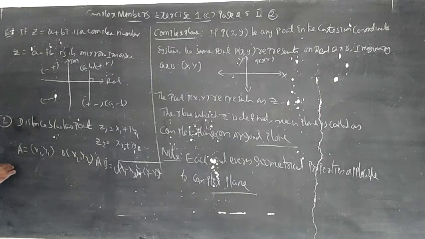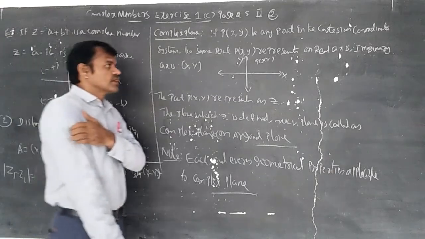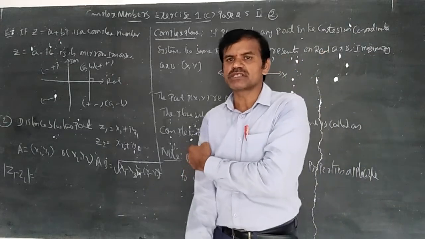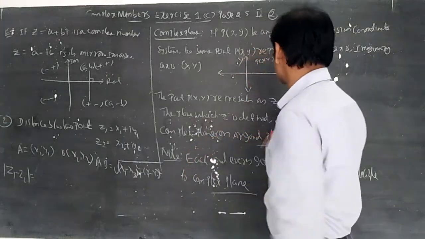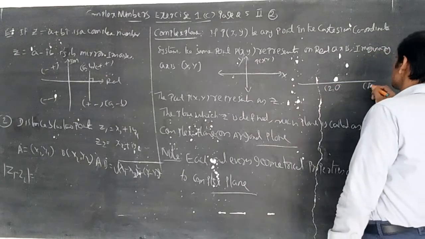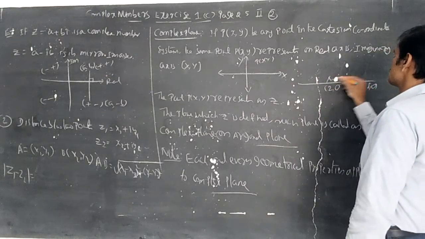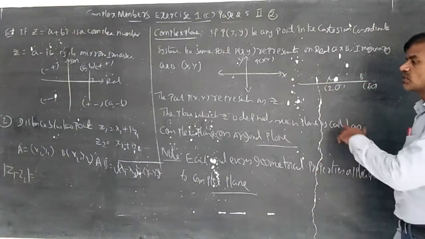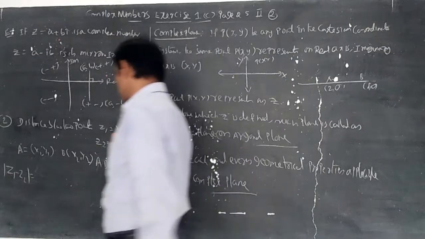Now let us write modulus of z1 minus z2, because the difference of 2 points is nothing but the distance between 2 points. Example, if I am writing here 2 comma 0 and this is 8 comma 0, this is A, this is B, AB is nothing but 8 minus 2. So in a similar way you can say modulus of z1 minus z2.